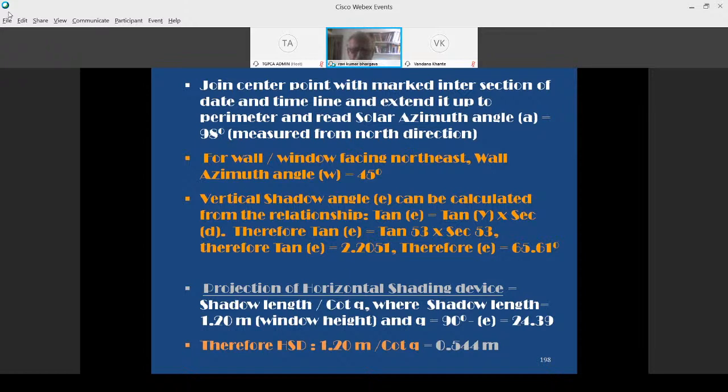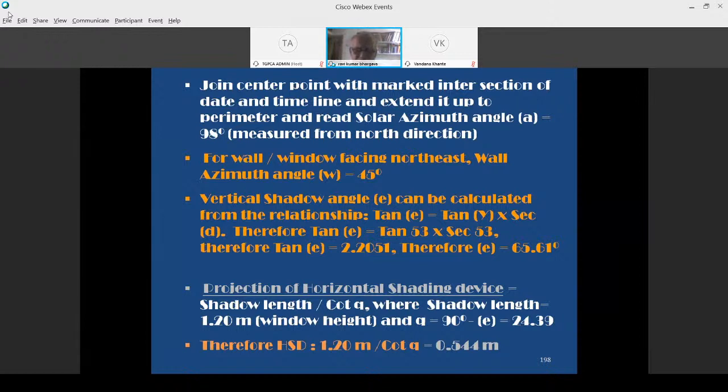It's up to us. If you want to keep the complete facade in shade, then the facade dimension will be shadowed. Similarly, for a horizontal shading device, if you want to shade the complete window, then the height of the window will be shadowed; to shade only half, then half of the height of the window. It is our decision. Okay, friend.